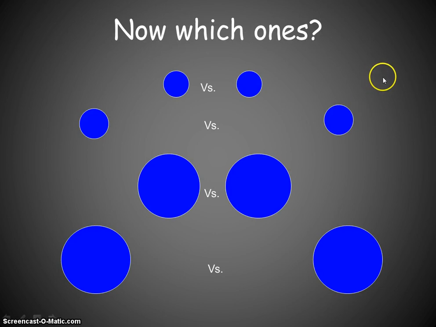And between all these four, these are not very massive objects at all. So let's look at these more massive objects. And obviously the closer, more massive objects will be attracted more strongly with a greater gravitational force.